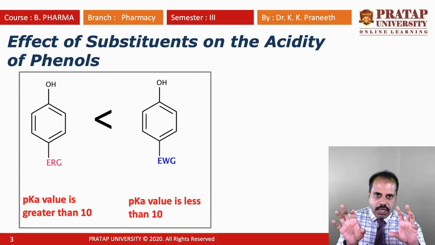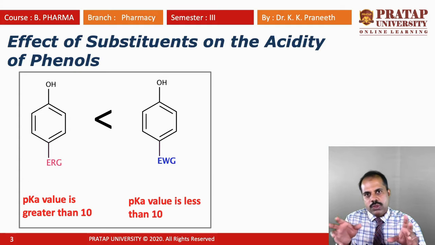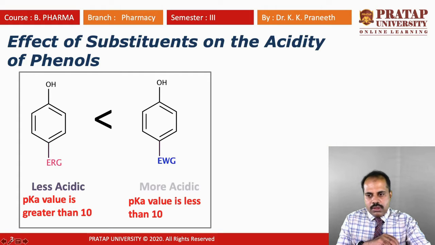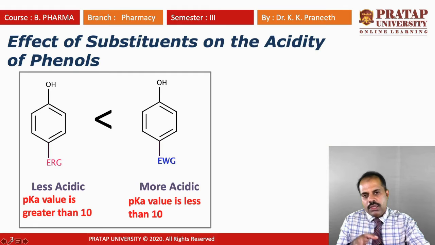Based on the pKa value, we can tell which of these two has the greater acidity and which has the least. We can see that the one with an electron releasing group is less acidic, and the acidity is less compared to the one having the electron withdrawing group.